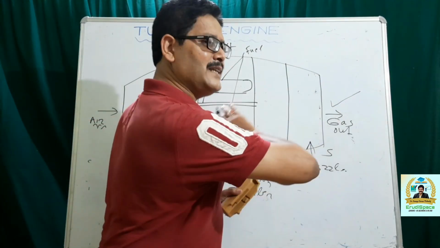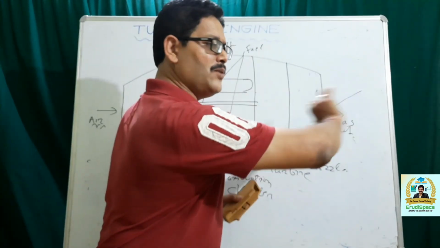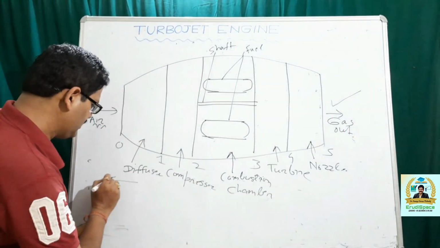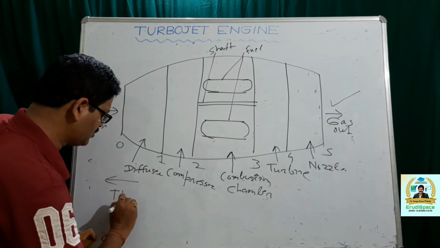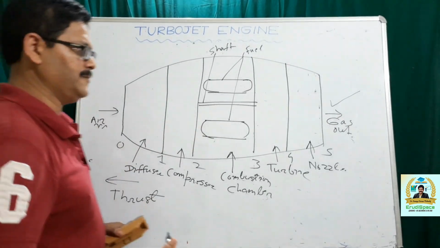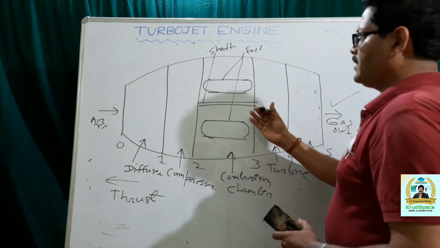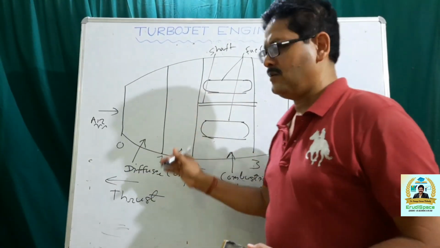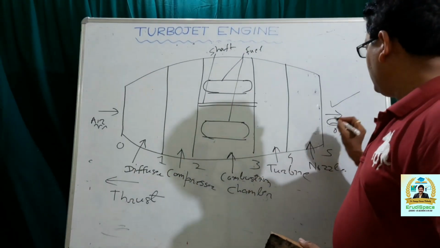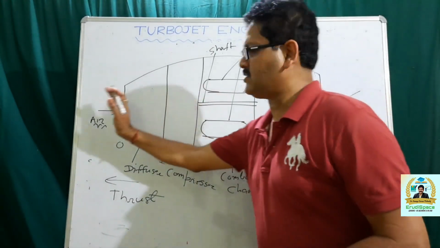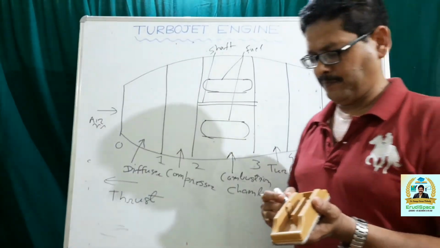So a jet of gas leaves the nozzle with a very high velocity, as a result of which a thrust is developed in the opposite direction. So it moves the turbojet in the opposite direction, and gas comes out in this direction, while the thrust is developed in the opposite direction.